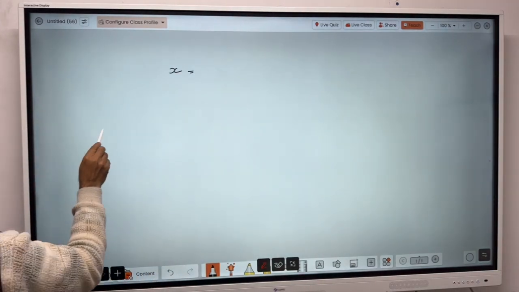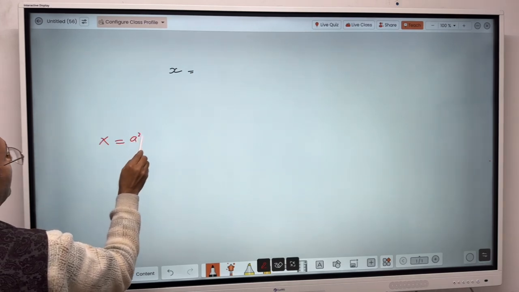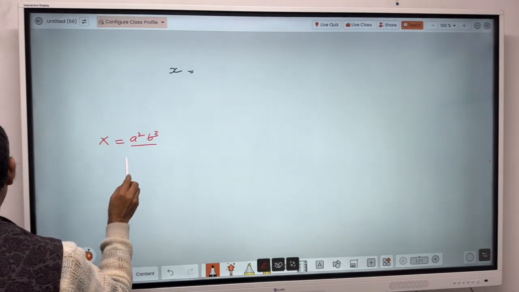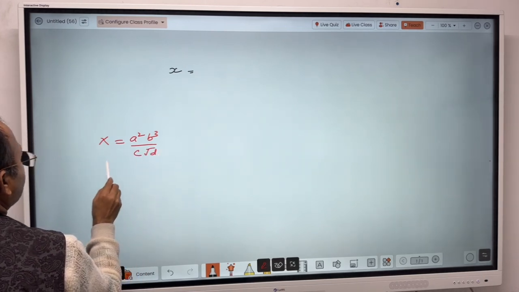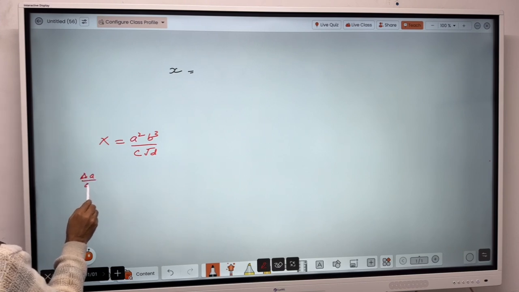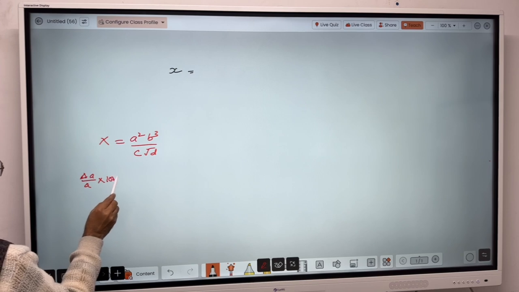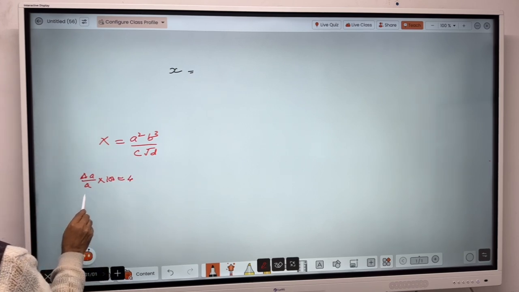So our question is, suppose x is given as a square b cube divided by c root d, where percentage errors in A, B, C, D are given. So delta A upon A into 100 means this is percentage error in A, and that is given as 4%.